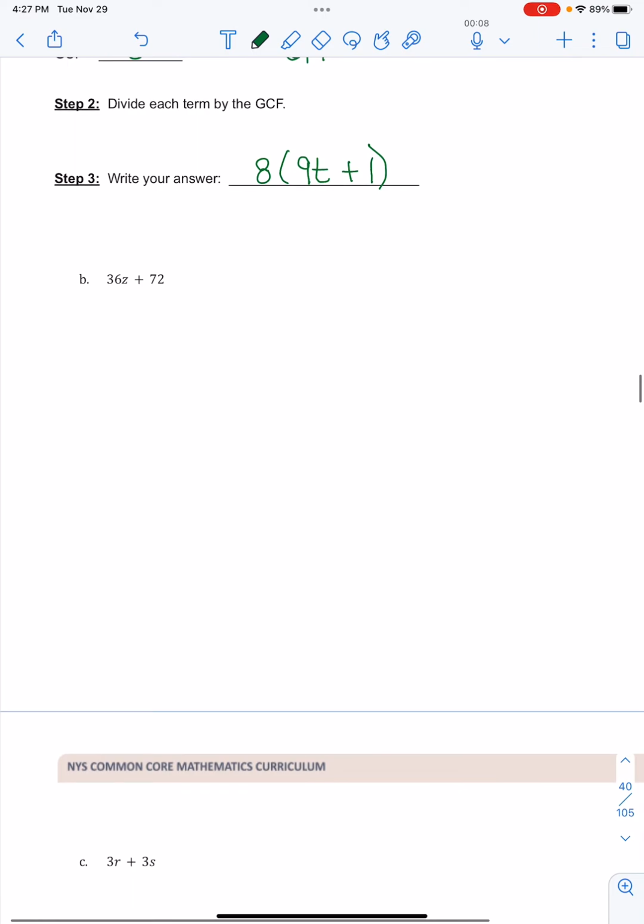So now B, we have 36 and 72. Now we just had 72, so I can just restate what those factors are. So 1 and 72, 2 and 36, 3 and 24, 4 and 18, 6 and 12, 8 and 9.